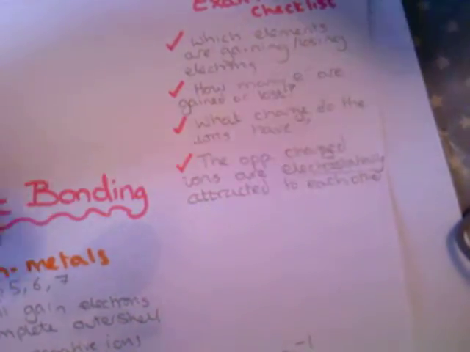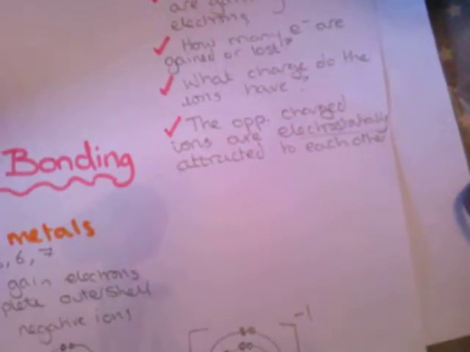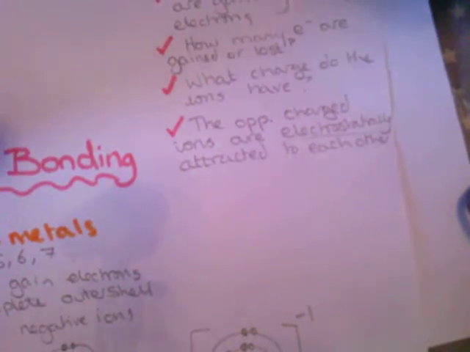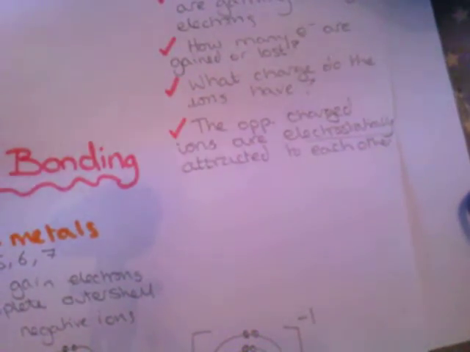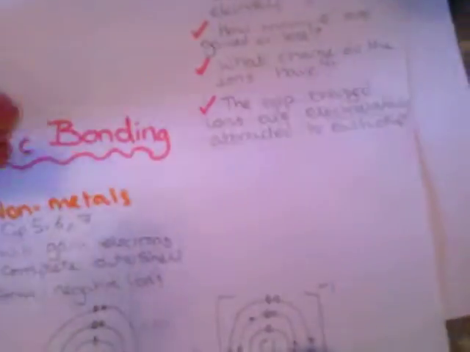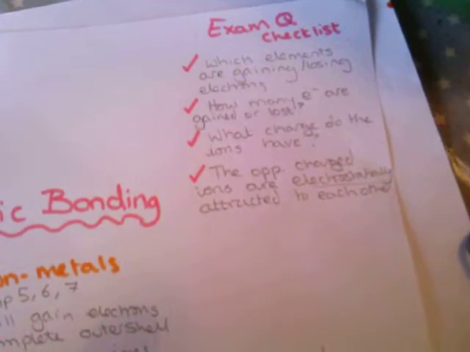And where a lot of people miss out, they forget to write down that oppositely charged ions are electrostatically attracted to each other. It's not always necessary, depending on how many marks the question is awarding, but this can potentially be a 5 or 6 mark question.